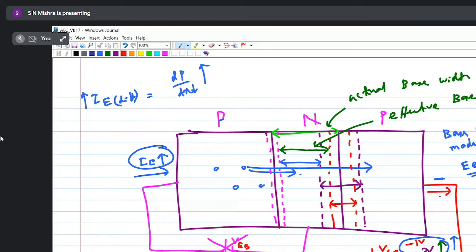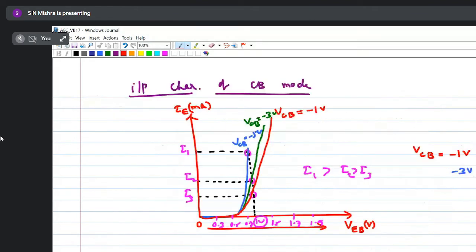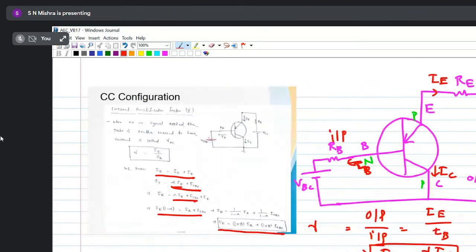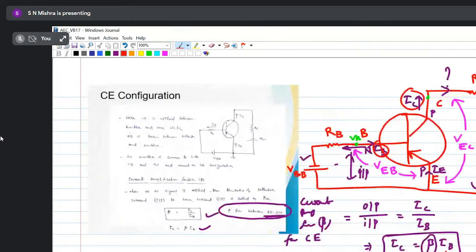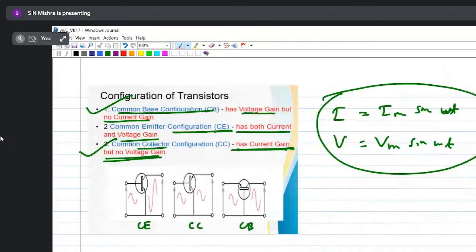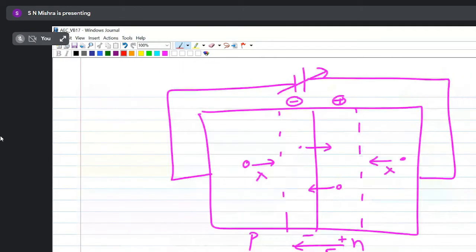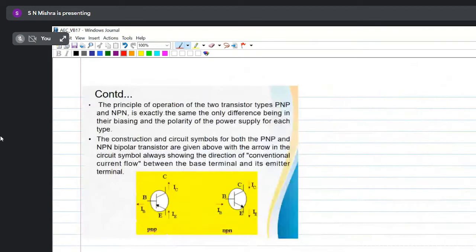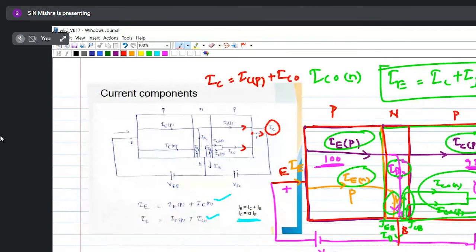This is your IC. If you go back to the current component graph we have discussed, this one, IC equals this plus this. Yes or no? We have discussed.